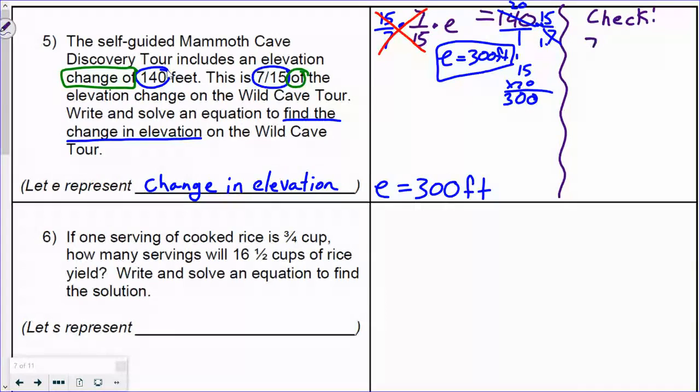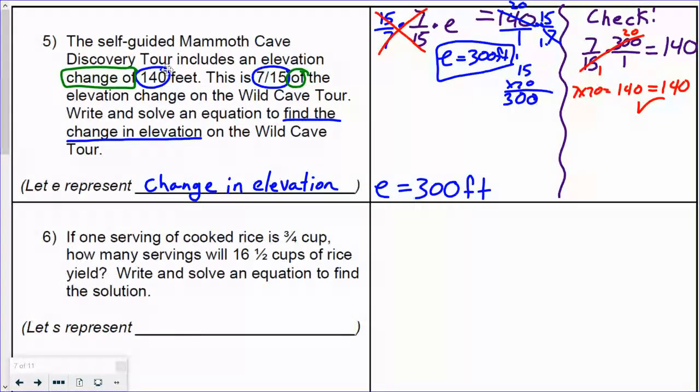What you want to know is 7/15 times 300 that is equal to 140. Well, I can cross cancel. I know 15 can go into 300 20 times. So then 7 times 20 equals 140, which is exactly what we're trying to equal on the other side.